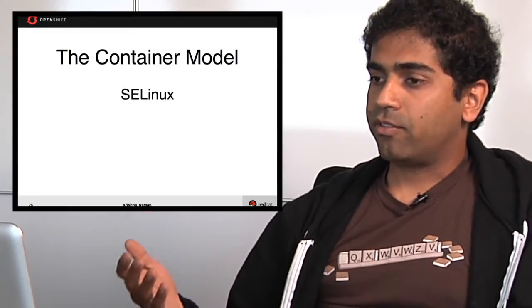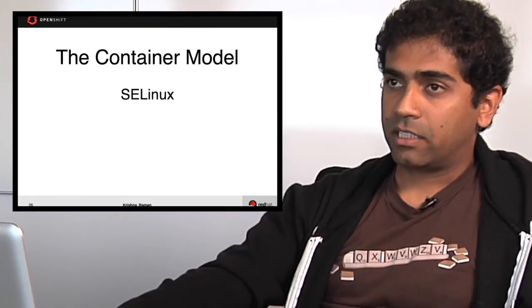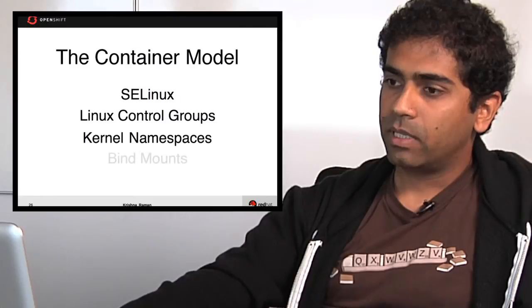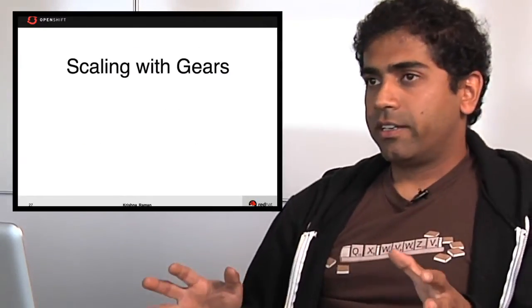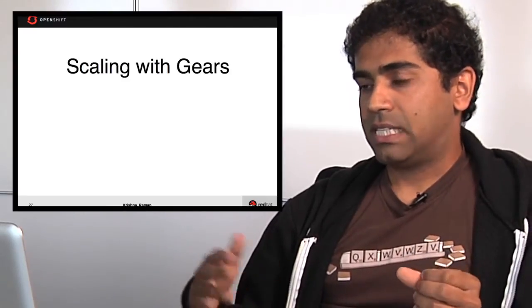The primary one of which is SELinux. It also uses Linux control groups, kernel namespaces, and bind mounts. So each of these gears, now that they are bound using SELinux and these other technologies, you might be wondering, how do they scale?